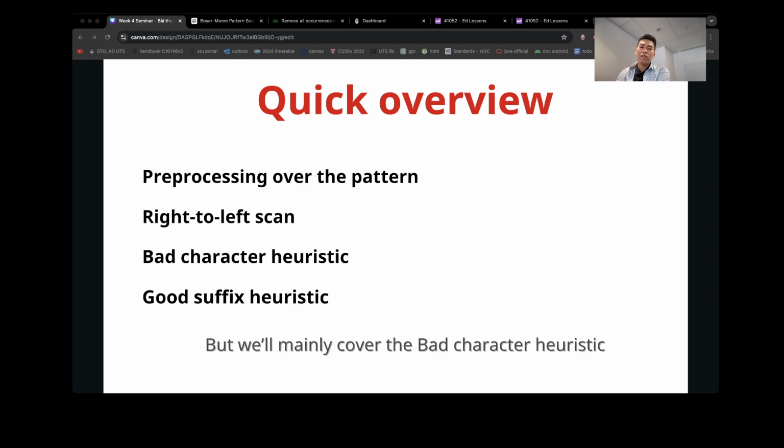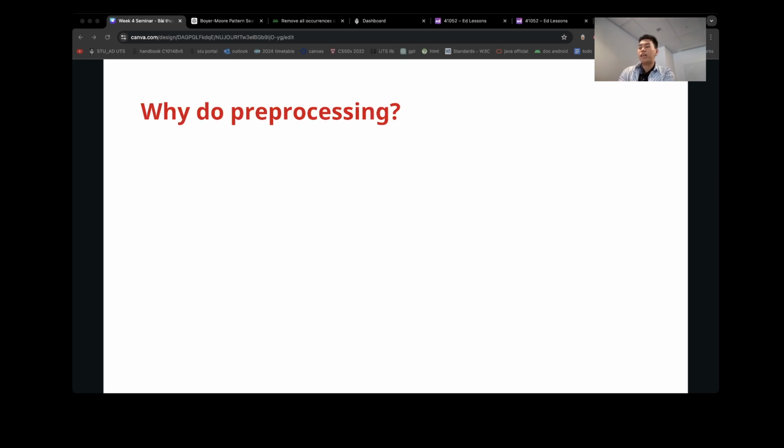The reason we need to do pre-processing, there are various reasons. Pre-processing allows the algorithm to make a large shift in the pattern rather than just one position at a time, and this can help reduce the total number of comparisons needed. Besides that, pre-processing allows the algorithm to quickly determine the optimal shift, so you can minimize the need to recheck characters that have already been compared.